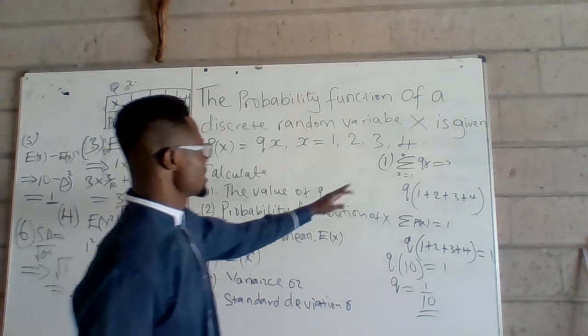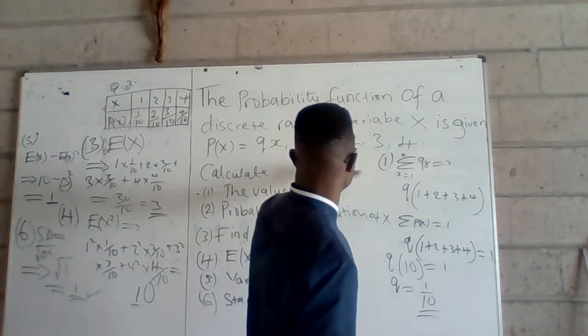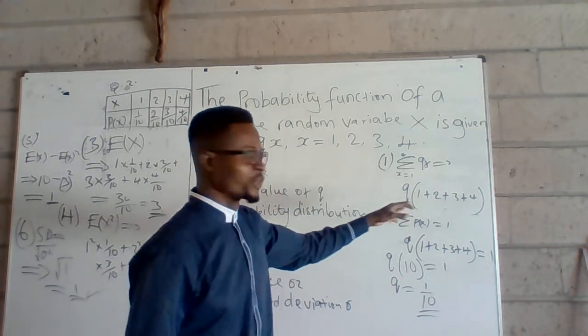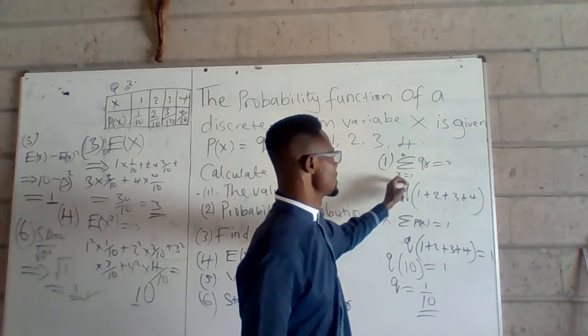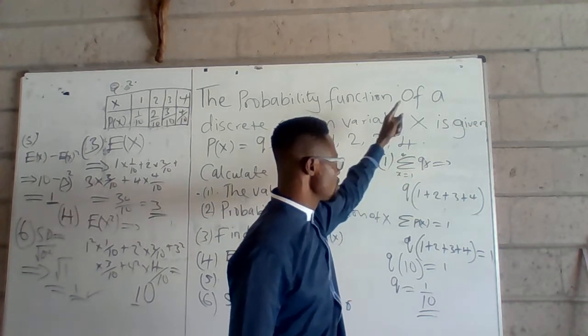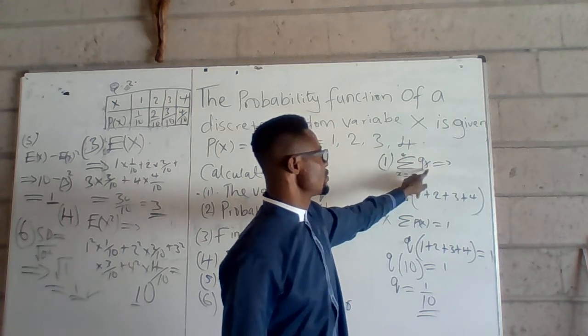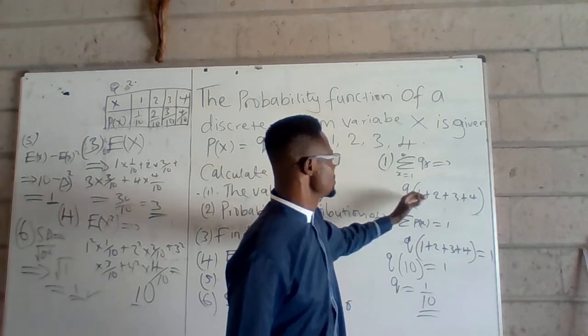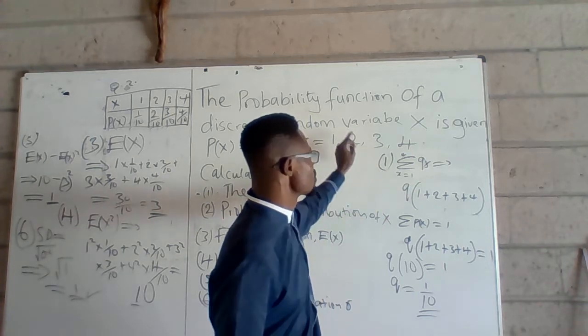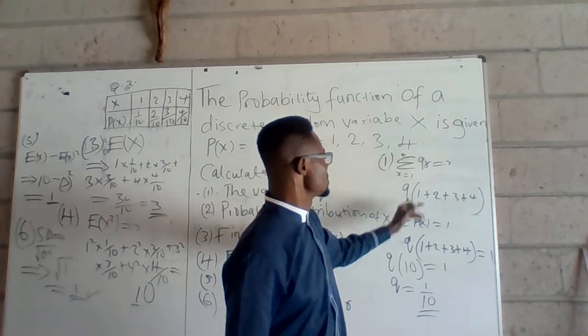First of all, you start by finding the value for k. From the value for k, you are able to do your summation of q of x as x goes from 1 to 4. The summation from 1 to 4 simply means you add 1 plus 2 plus 3 plus 4, which is 10.